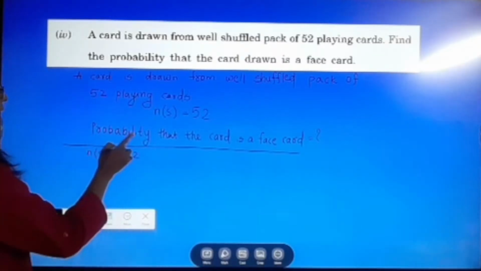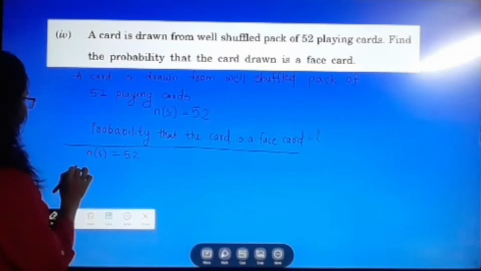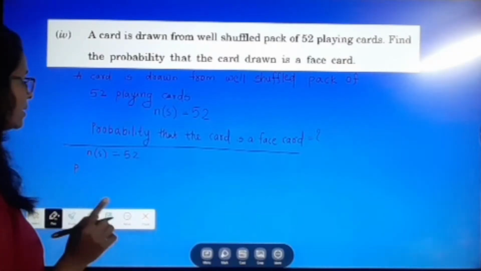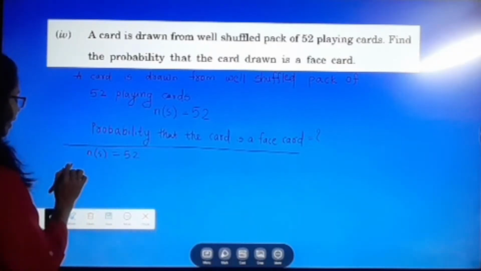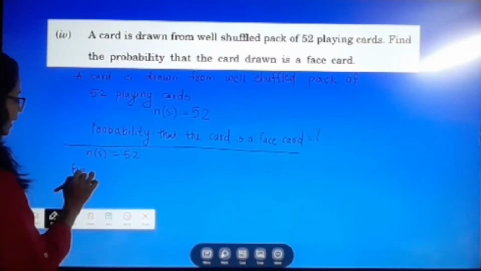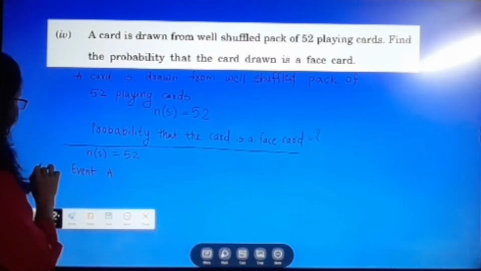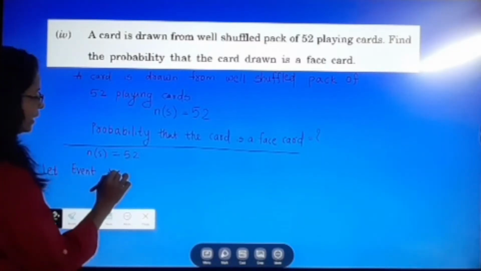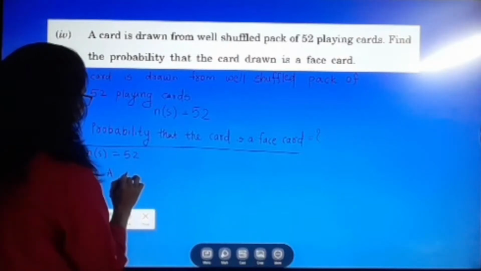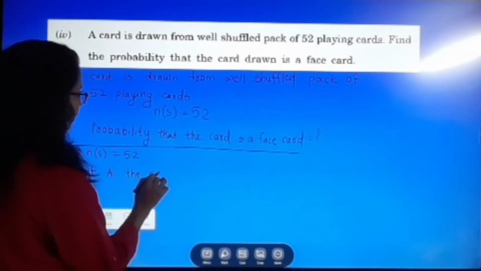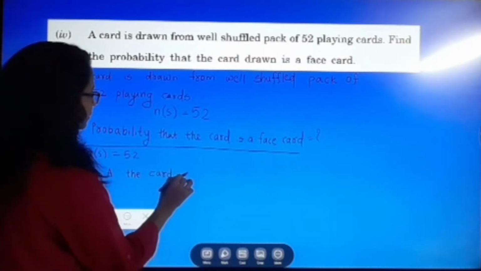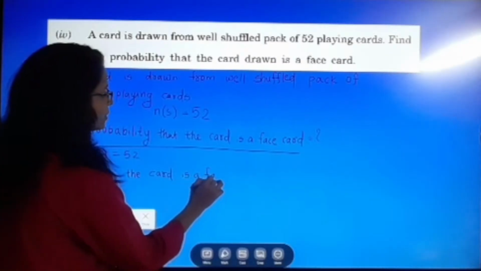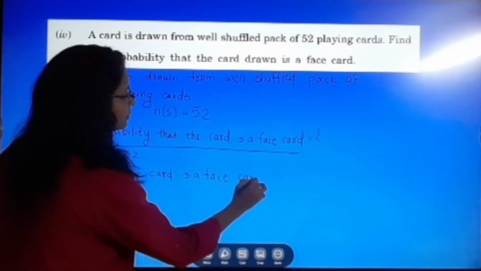Okay, then here the probability that a face card, first I write down event A, so let event A that the card is a face card.